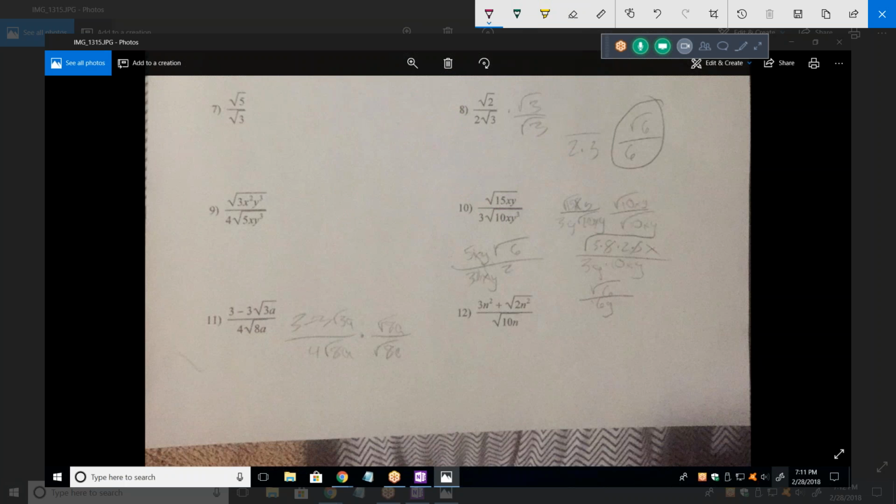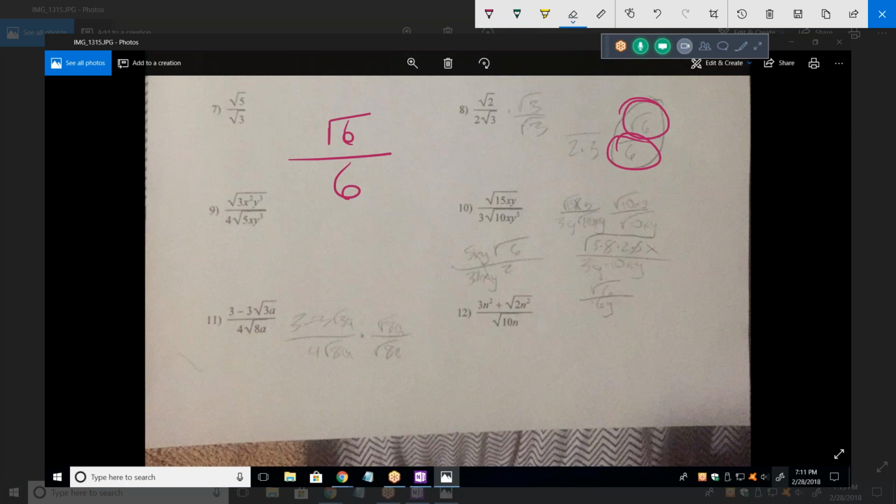Okay, how about 8? I can kind of see how you've done 8. So you get square root of 6 over 6. Then they start getting tougher after that.